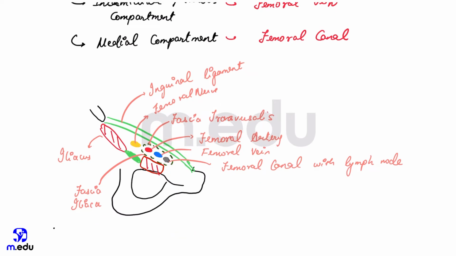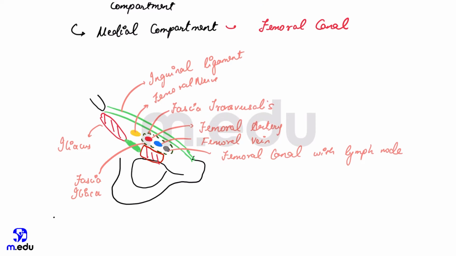So now we'll look at the contents and the boundaries of the femoral sheath with the help of a simple diagram. Here we can see this dark green structure which is formed by dotted lines. This is the femoral sheath. Anteriorly it is made by fascia transversalis. Its posterior wall is formed by fascia iliaca, and its medial compartment is the femoral canal.